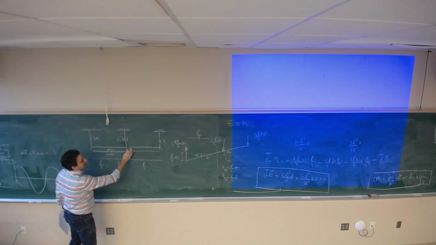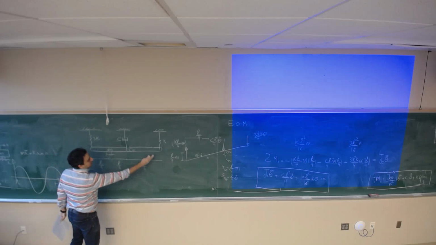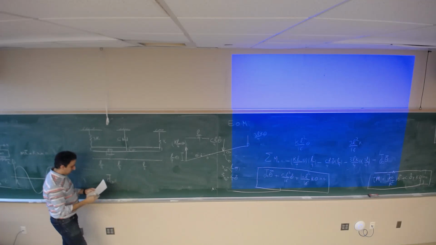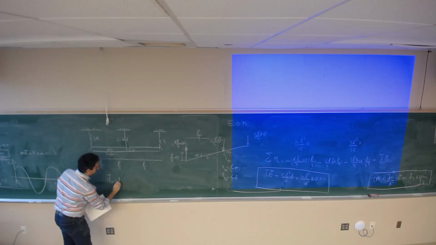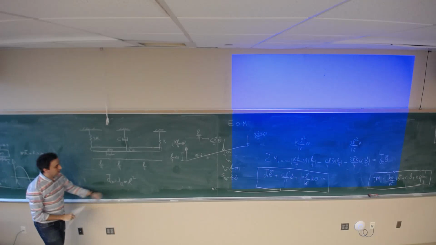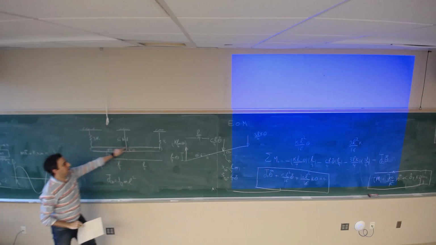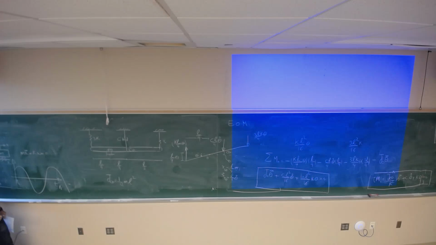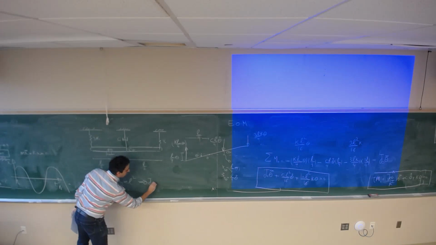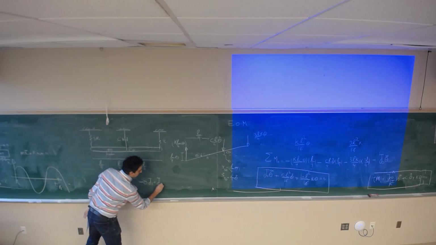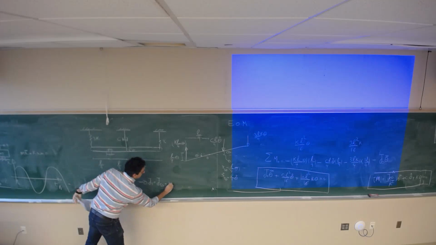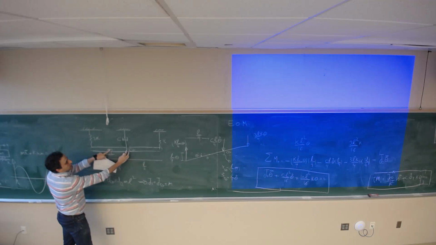For a bar like this, with the length of L, J with respect to center of gravity is 1 over 12 m L squared. So I can find J with respect to O equals J with respect to center of gravity plus M times the distance squared.